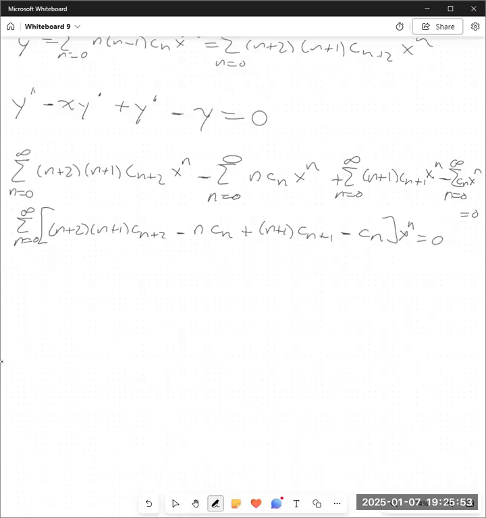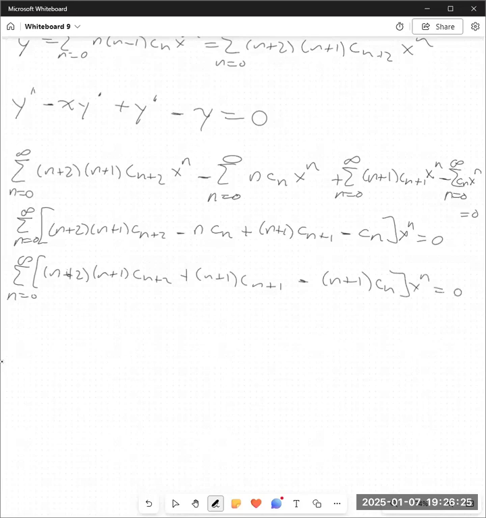It's going to be n equals 0 to infinity, and then there's only one c sub n plus 2 term. So let's write that here. It's only one c sub n plus 1 term. And then minus (n plus 1) c sub n, because it's a negative n and a negative 1 here.